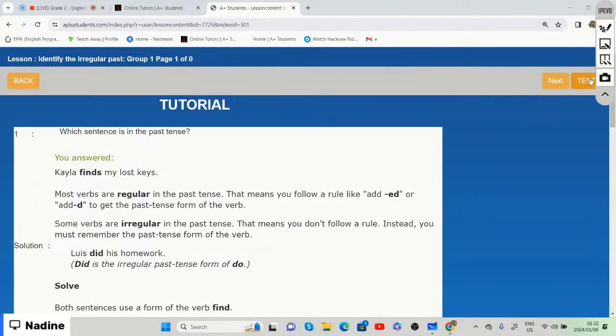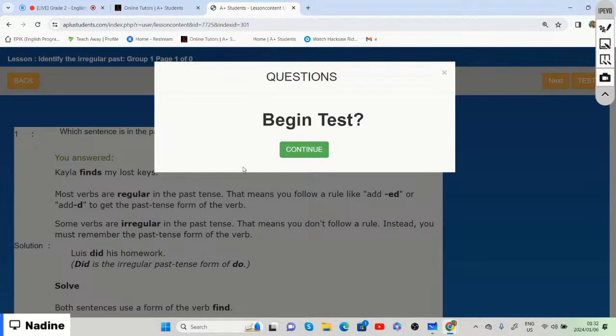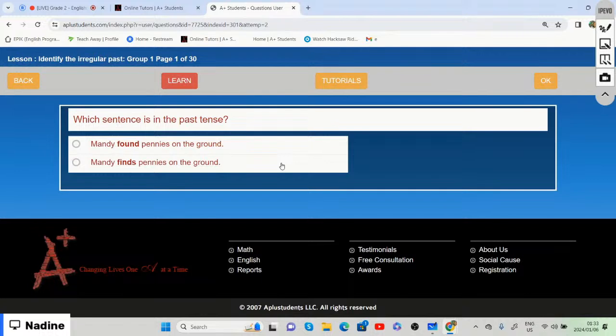So now we're going on to our test. So now we're going to say which sentence is in the past tense. Try to look at the wording, specifically in bold. Mandy found pennies on the ground, or do we say Mandy finds pennies on the ground?